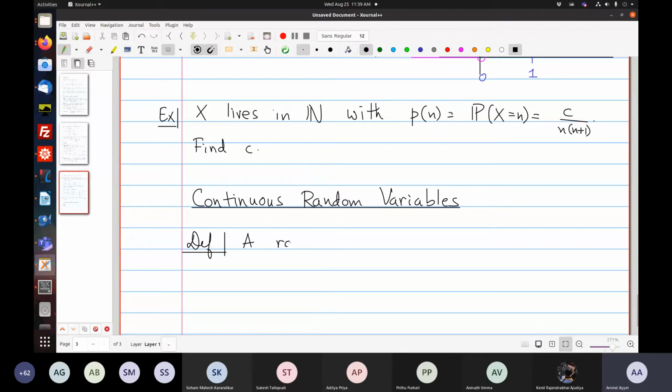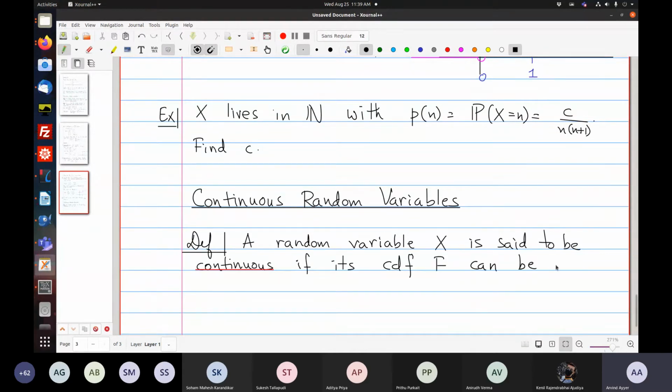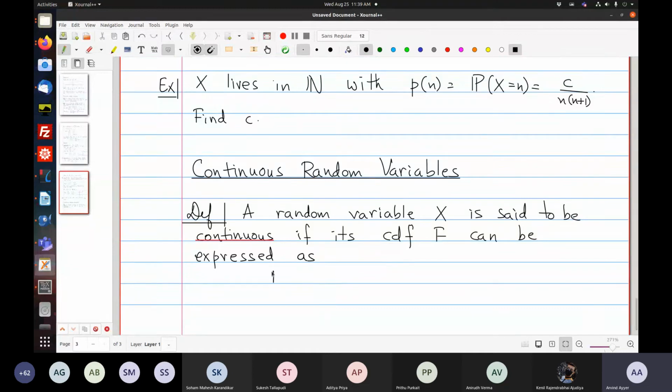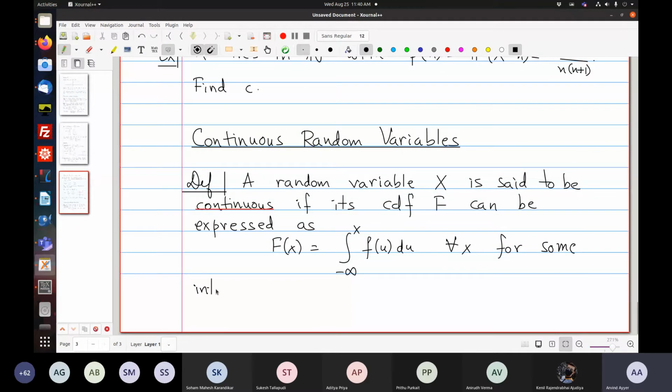Here's the definition. A random variable X is said to be continuous if its CDF capital F can be expressed as F of x equals the integral from minus infinity to x of small f of u du, for all x, for some integrable function small f.